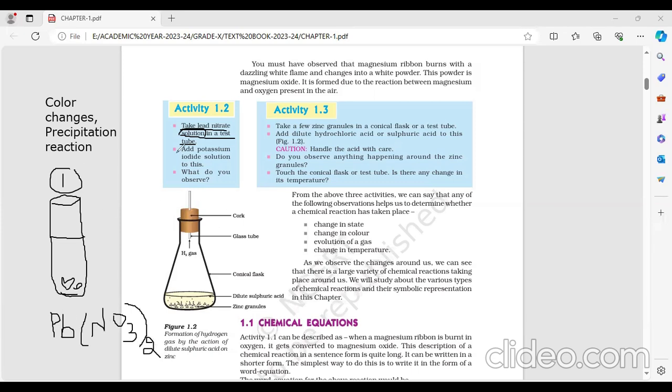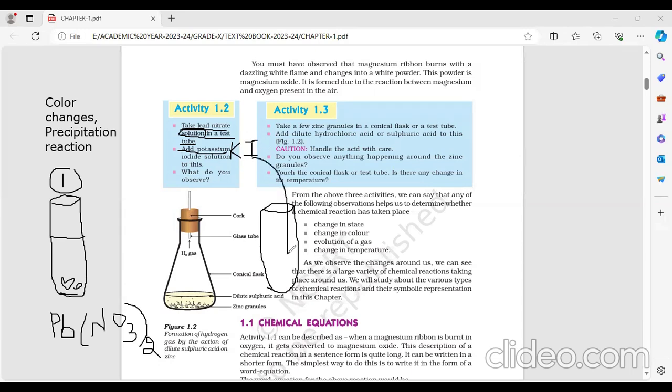This is the first thing, and secondly, add potassium iodide solution to this. So I take one more test tube and add potassium iodide. The chemical symbol of potassium is capital K, and iodide is capital I: potassium iodide. This potassium iodide salt is also white.